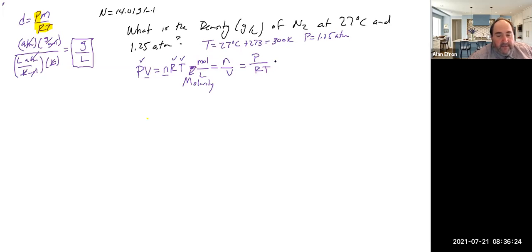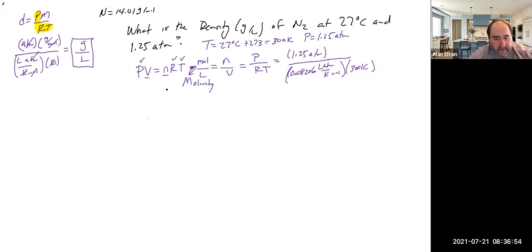So if we put those numbers in, that gives us 1.25 atmospheres, 0.08206 liters atmosphere per Kelvin per mole, and our 300 Kelvin in that particular case. If we do that, we end up with 1.25 divided by 0.08206 divided by 300.